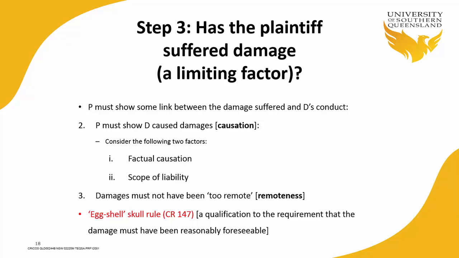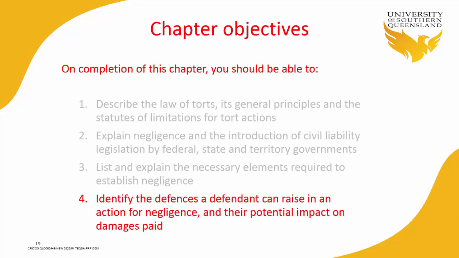Now, remember that the rule applies only to damage of the same kind as that which was reasonably foreseeable. You can have a look at the example given on page 147 in relation to something called Ganser syndrome.